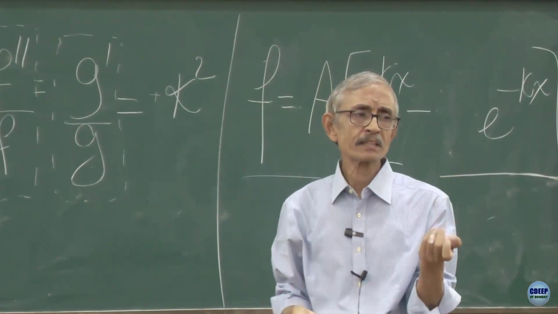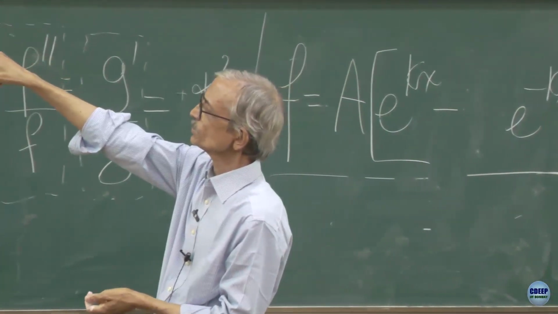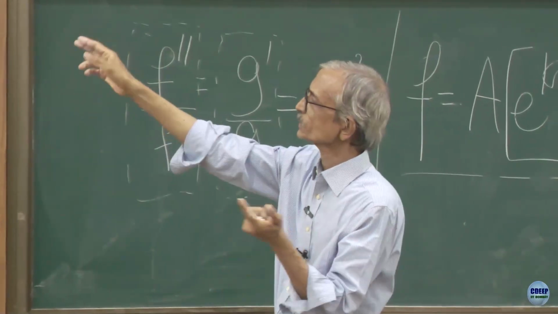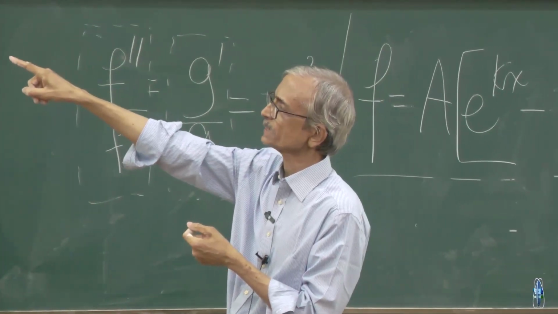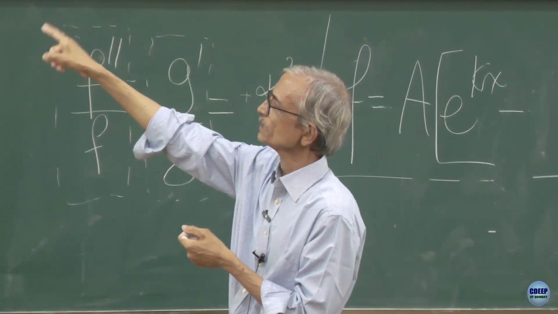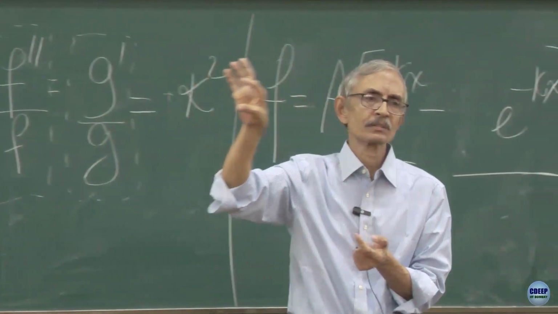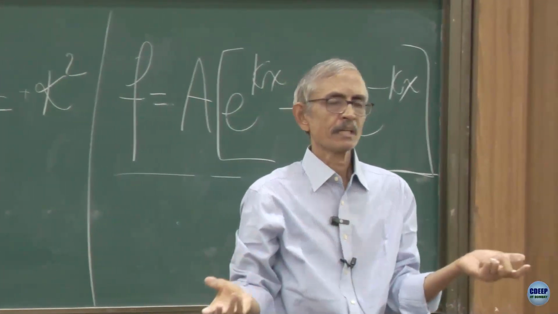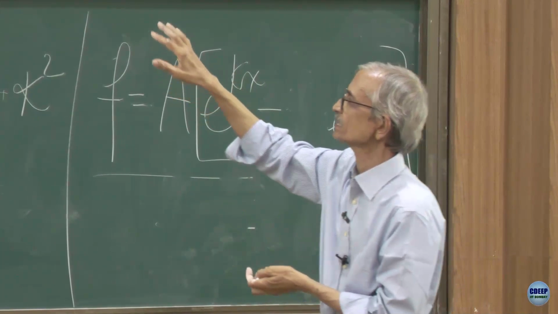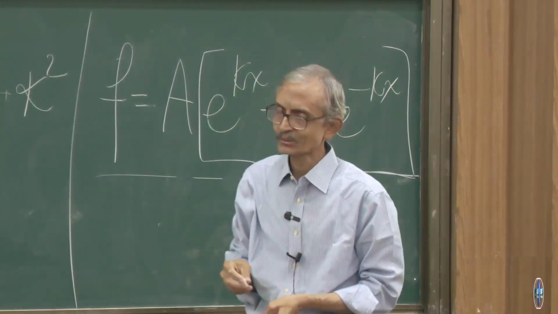Because we have said that k is a positive number, e to the plus kL plus e to the minus kL is a positive number. Plus kL minus minus kL, that's also a positive number. h is positive, k is positive, and therefore this expression cannot be true unless a is equal to 0.